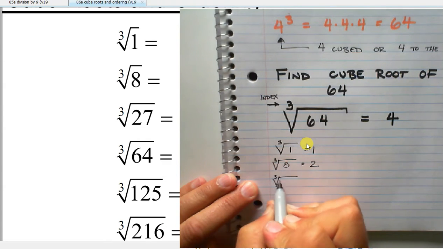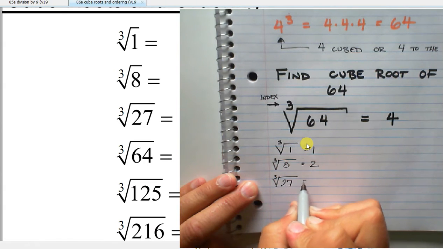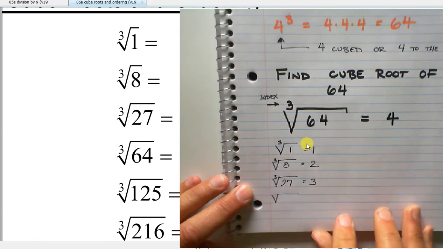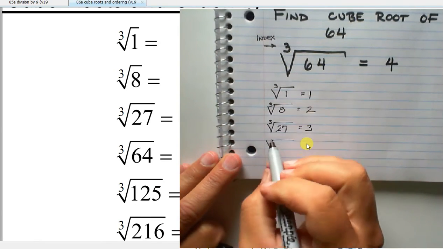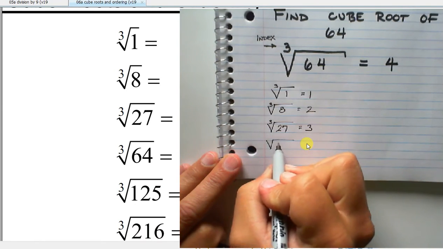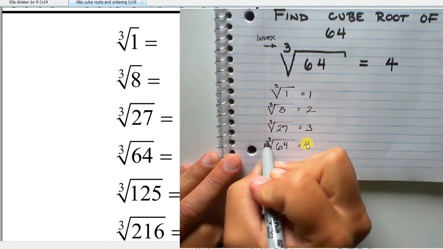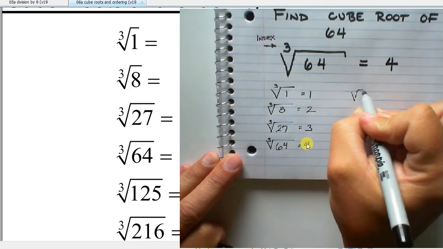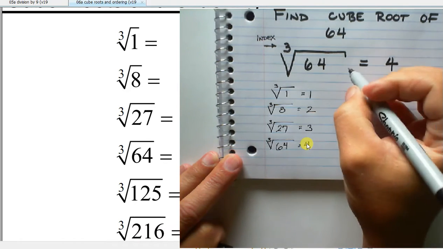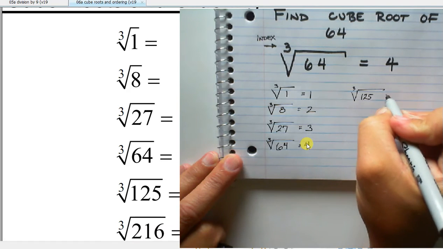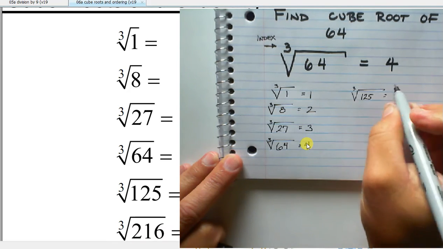The cube root of 27 is 3. The cube root of 64 is 4. The cube root for 5, it's 5 times 5 times 5, which is 125. The cube root of 125 is 5.